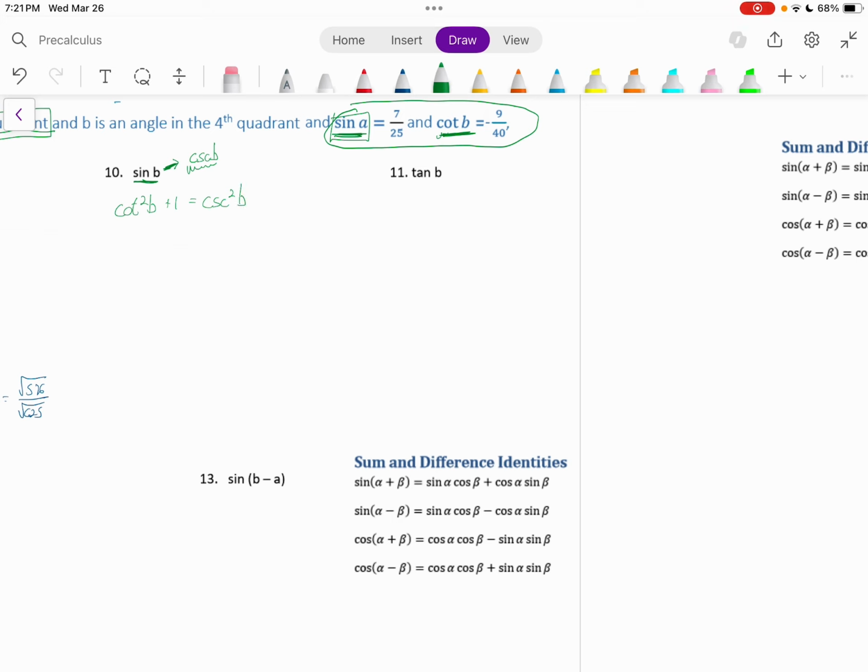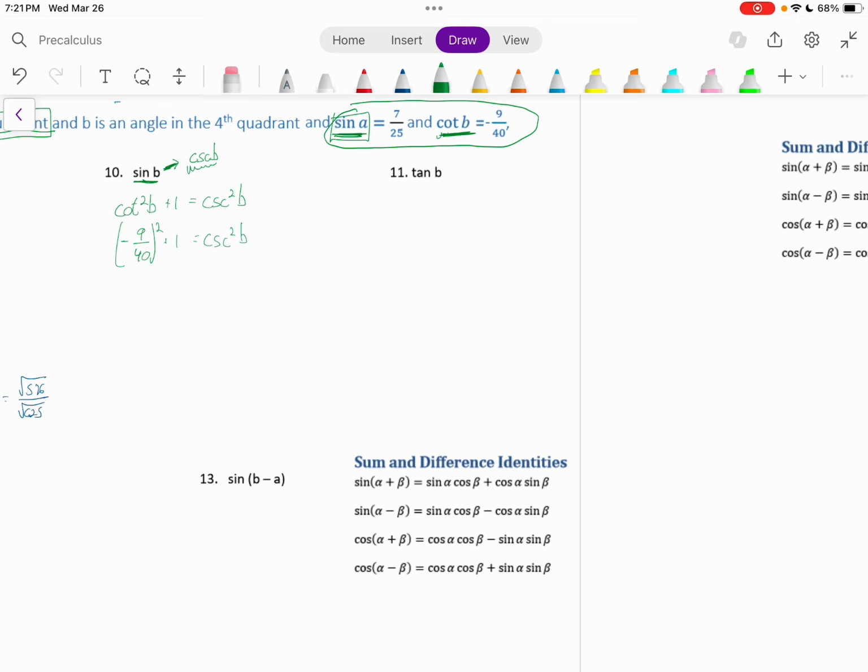And so now we can use this to help us find cosecant of B, and then we can do the reciprocal of it to find the sine of B. So cotangent squared, that's negative 9 over 40 squared, plus 1 is equal to cosecant squared B.